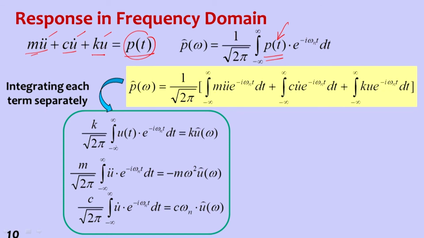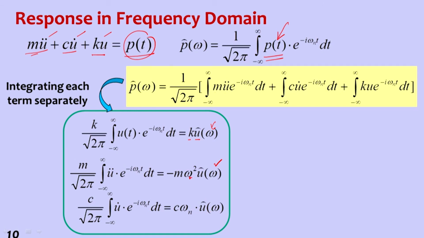So the first term, that is the stiffness term, is getting converted into frequency domain. So we write that as stiffness k times u cap as a function of omega, and the mass term as minus m omega squared u cap omega, and then the damping term is converted like this: i c omega n u cap omega.